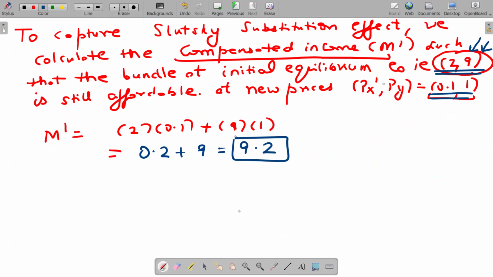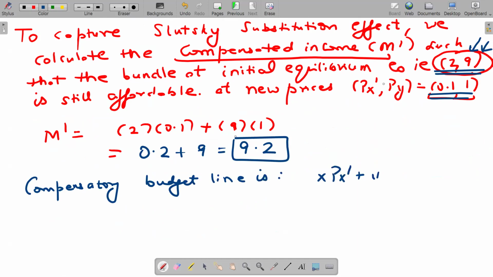So what is my compensatory budget line? Let me write this more clearly here. The compensatory budget line is x Px dash plus y Py equal to M dash, which is the compensated income I just calculated, 9.2.